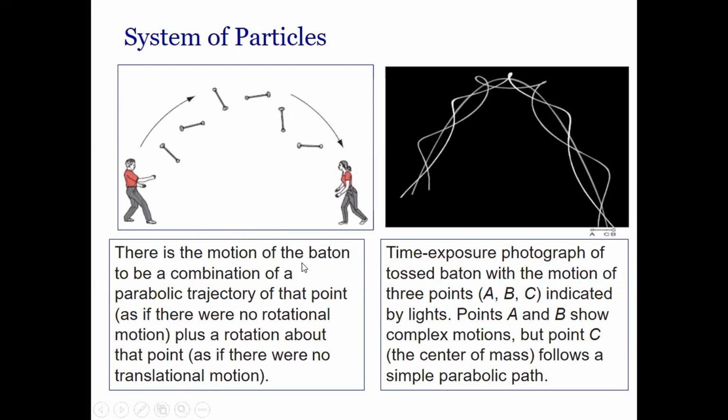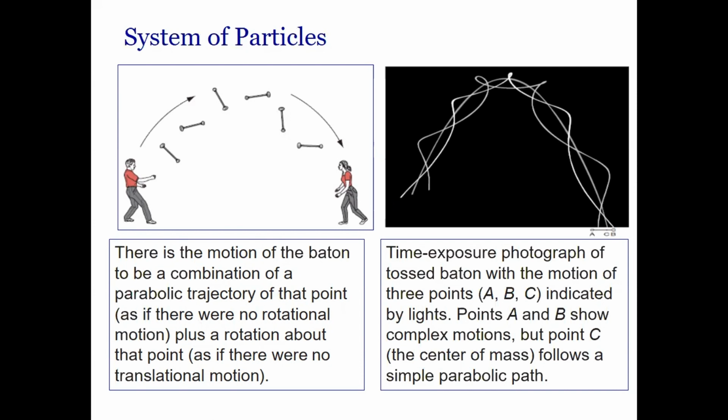So this motion of the baton is a combination of a parabolic trajectory of that point, the center of mass, as if there was no rotational motion, plus the rotation about that point as if there was no translational motion. You can see the rotation also, and you can see the linear motion also.